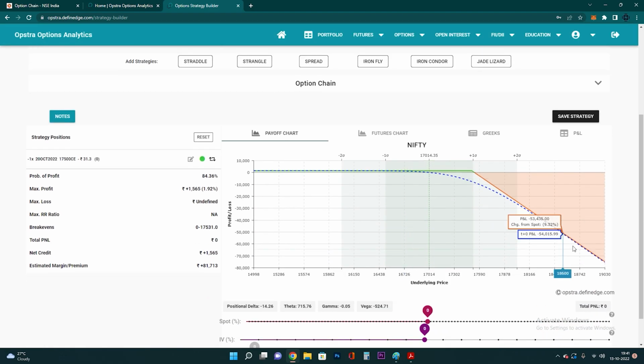See here, this is the payoff chart that you get. Selling one lot, 17,500, at 31 rupees. You see the probability of profit is 85%. The market is around 17,000. Even if it goes up, you will be in profit. The green box is showing 1,565 rupees.